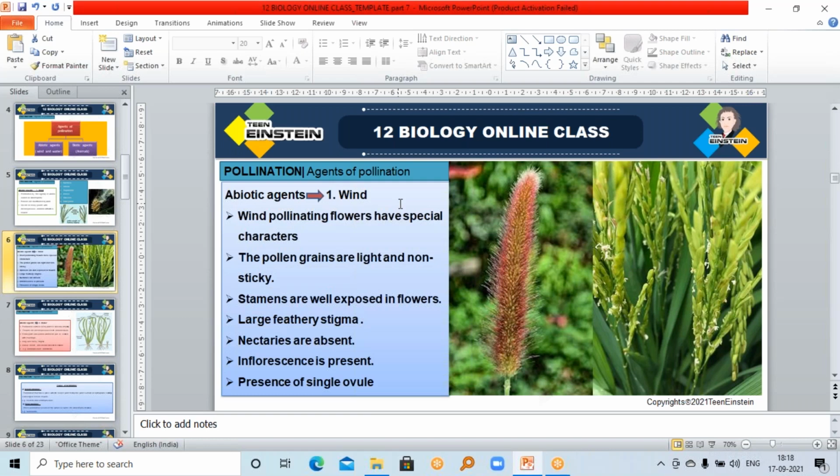I'll repeat one by one. In wind pollinating flowers, they have special characters. The pollen grains are very light and non-sticky. There won't be heavy or sticky pollen grains because they should get carried through wind. The stamens are well exposed in flowers, and they have a large feathery stigma.